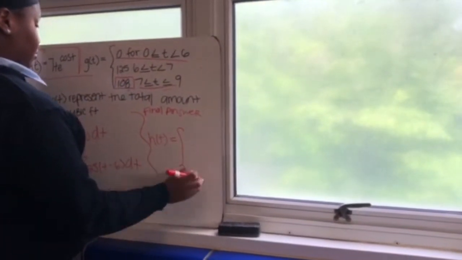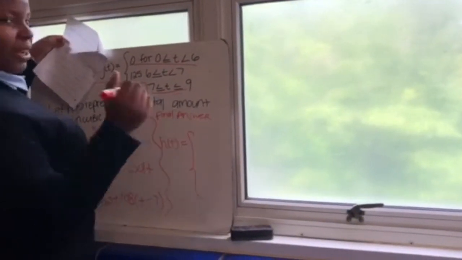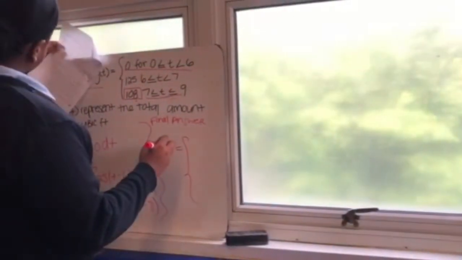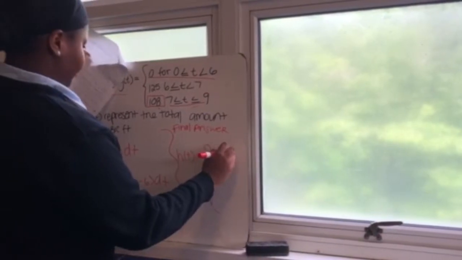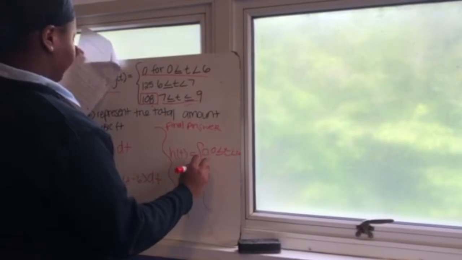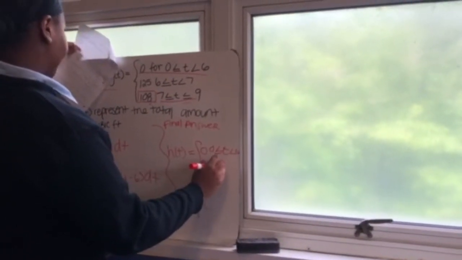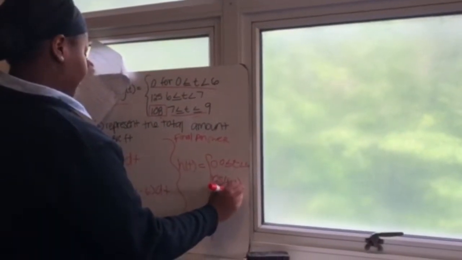Basically, where I'm getting the t minus 7 from and the t minus 6 from h of 6 before is that you have to subtract the time minus the a in the interval. So in this case, the bound was 7 and the bound for the other equation was 6.